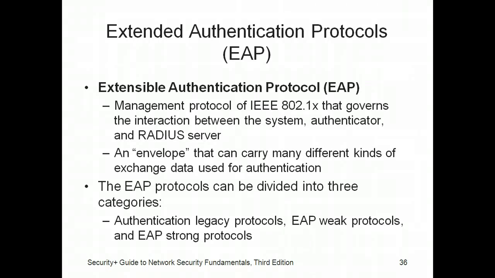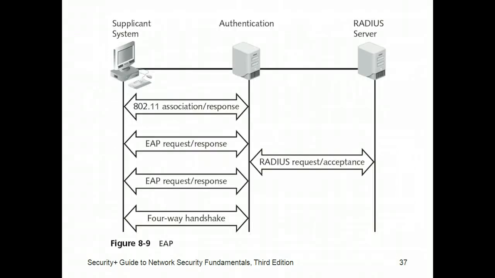It's a wrapper, so if a person has a weak password, this protocol helps secure that transmission as it goes across the network. And so constantly going on in a RADIUS environment is this EAP response and request, and it is a wrapper around the username and password between the user and the authentication server.